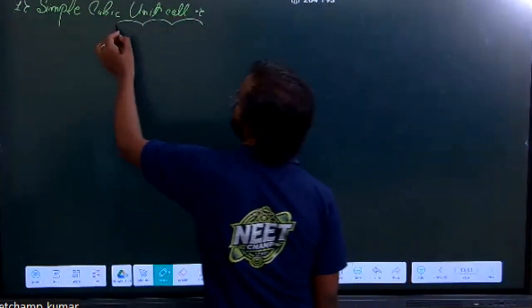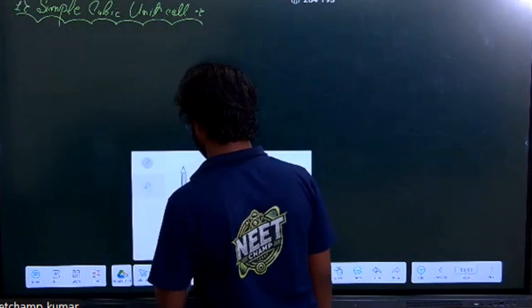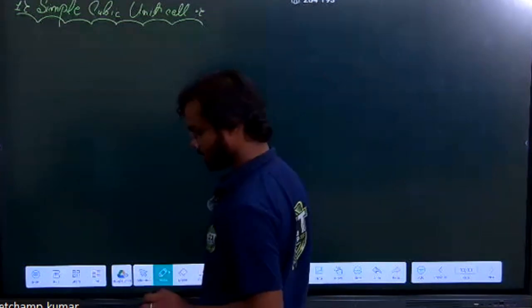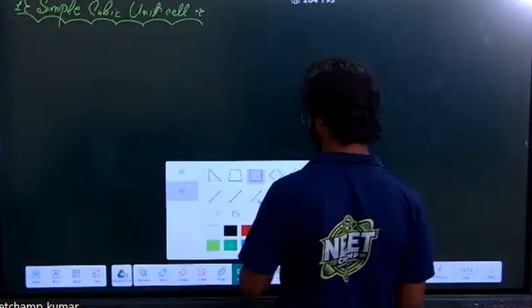Let us start with the first unit cell, and it will be very easy for you. I guarantee it will be very easy to understand. Just follow.